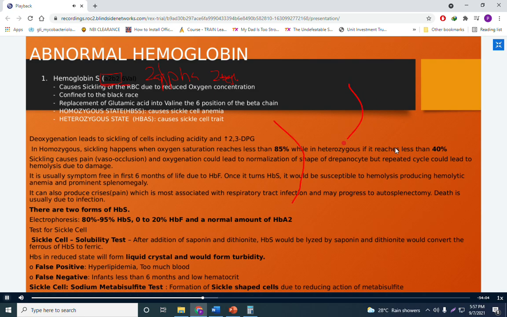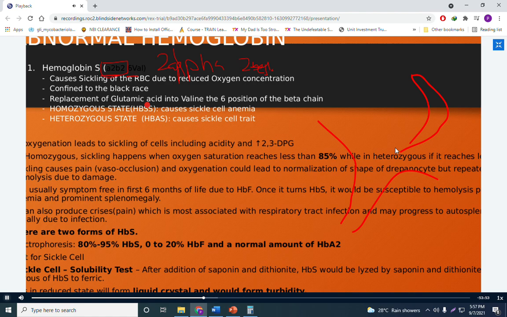Parang boomerang, crescent. Kaya yung sickle yung pangtabas ng palay. So now class, your hemoglobin S is confined to the black race. So common to sa mga African Americans. Now, it replaces glutamic acid with valine in the sixth position of the beta chain.